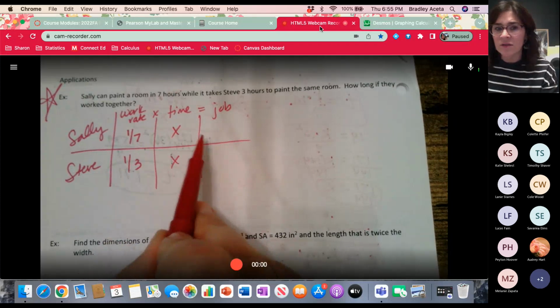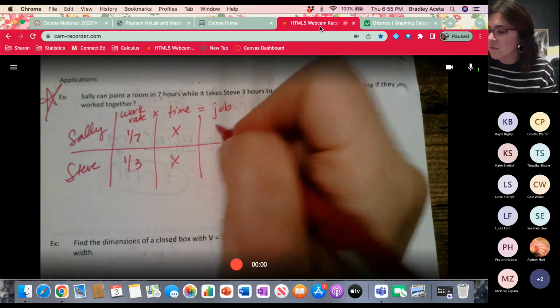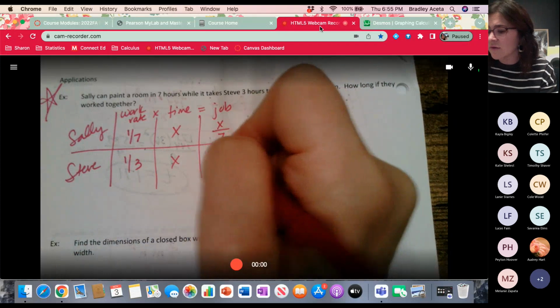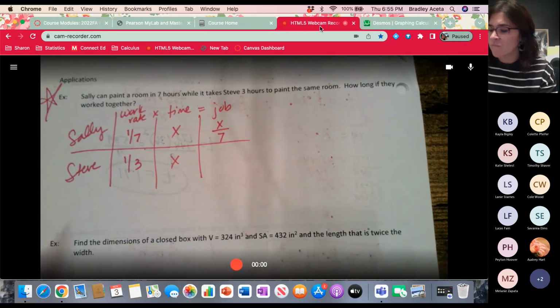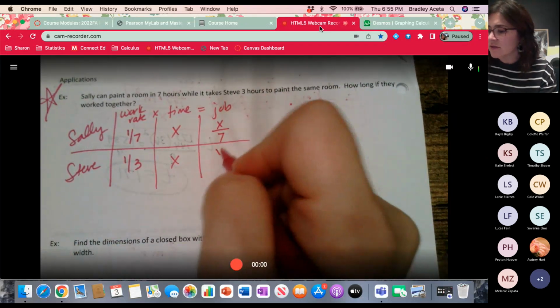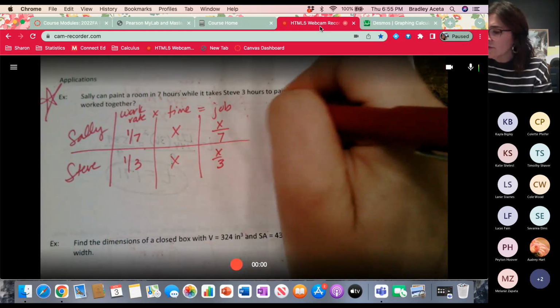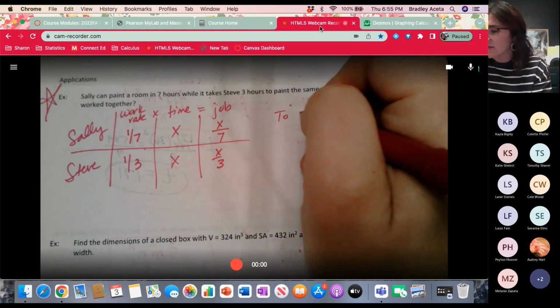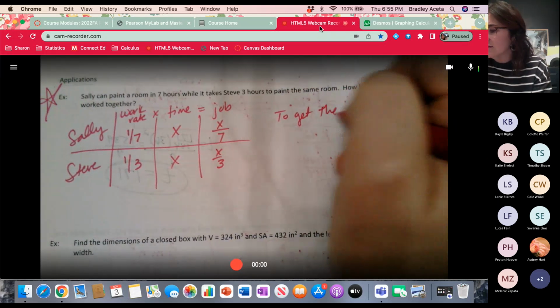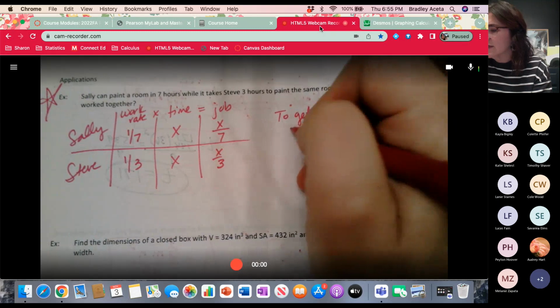And we're going to multiply across. So 1/7 times X would be 1/7 X, or X over 7. 1/3 times X is X over 3. And then this is the little phrase I remember, and I say to my students, to get the job done, set it equal to 1.